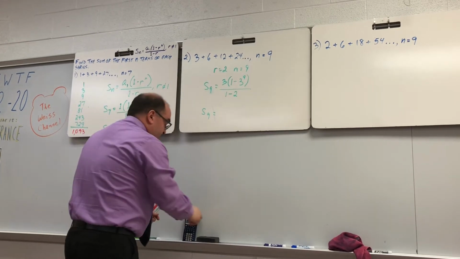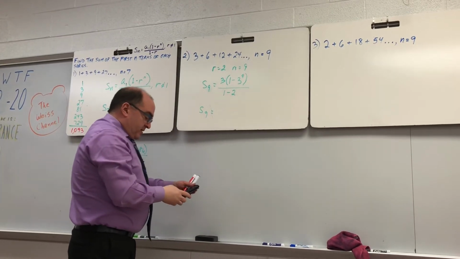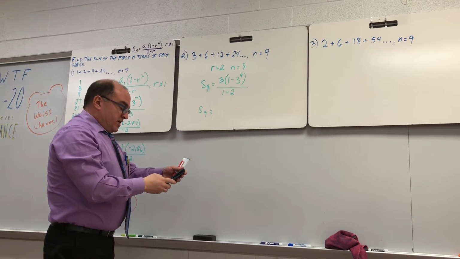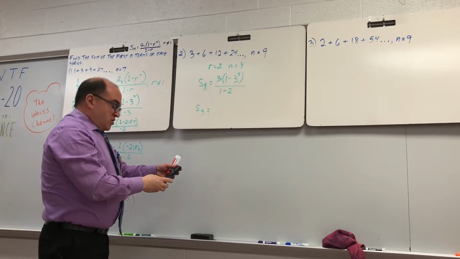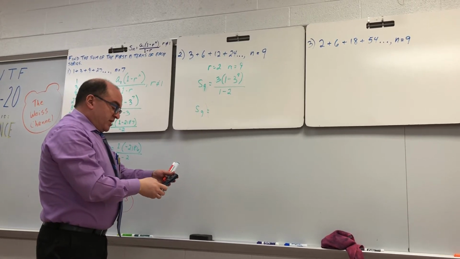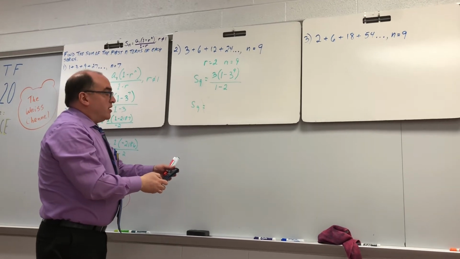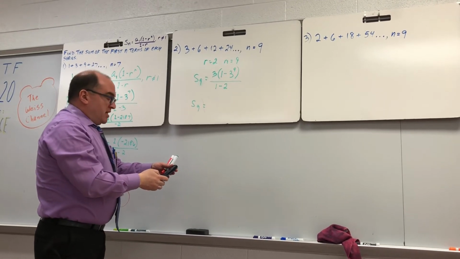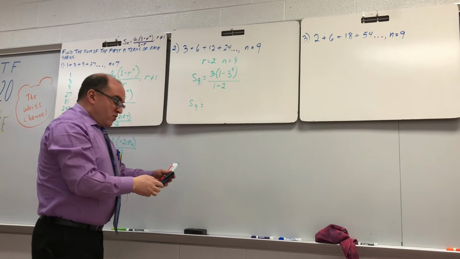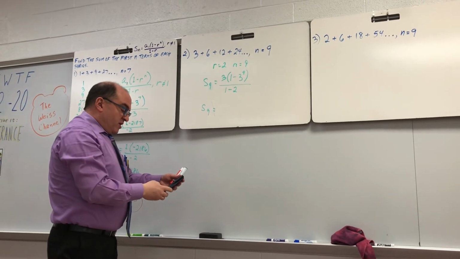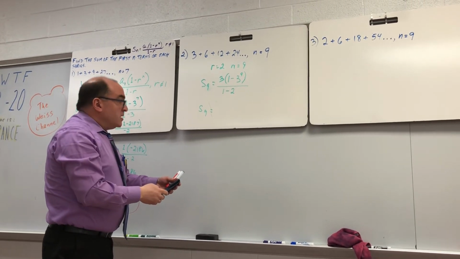So I'm just going to type this whole thing right in my calculator. I'm going to do 3 times parentheses 1 minus 3 to the 9th power divided by 1 minus 2, which is negative 1. I'm just going to divide by negative 1. I thought the R was 2.